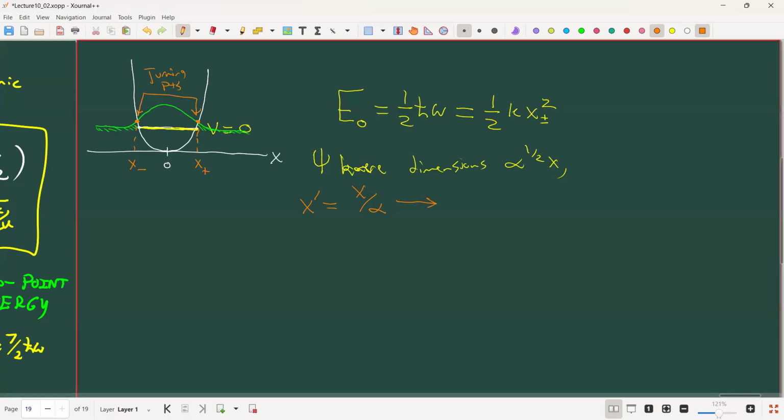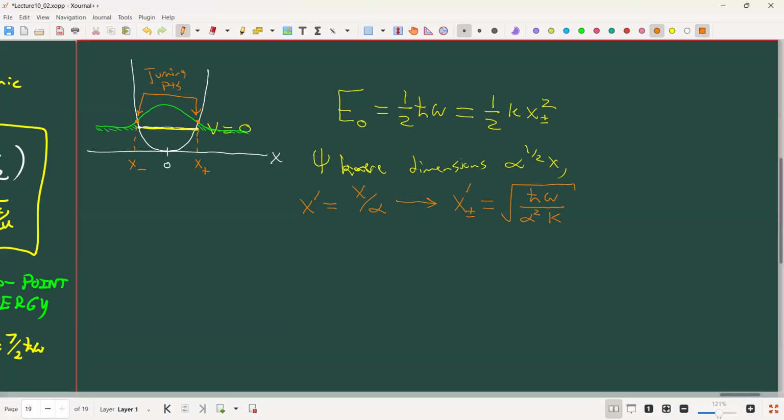And what I can show is that x prime plus or minus is equal to the square root of, v plus 1/2 is 1/2, so it's h bar omega over alpha squared k, where k is the force constant.